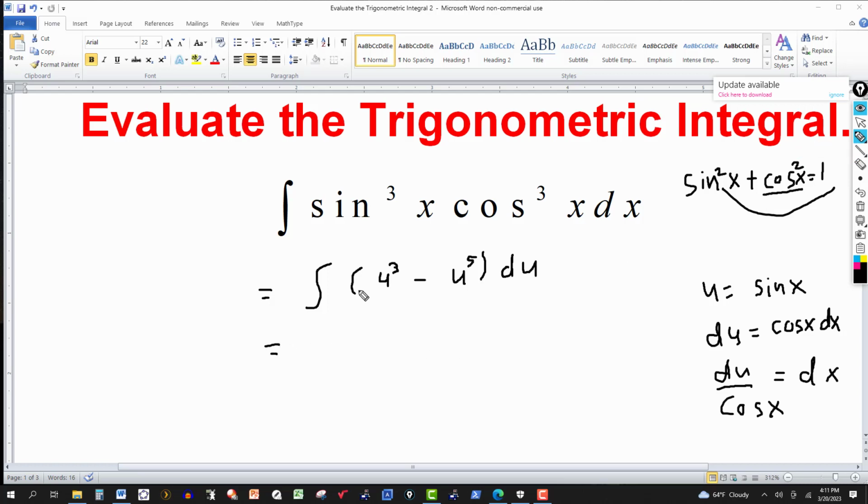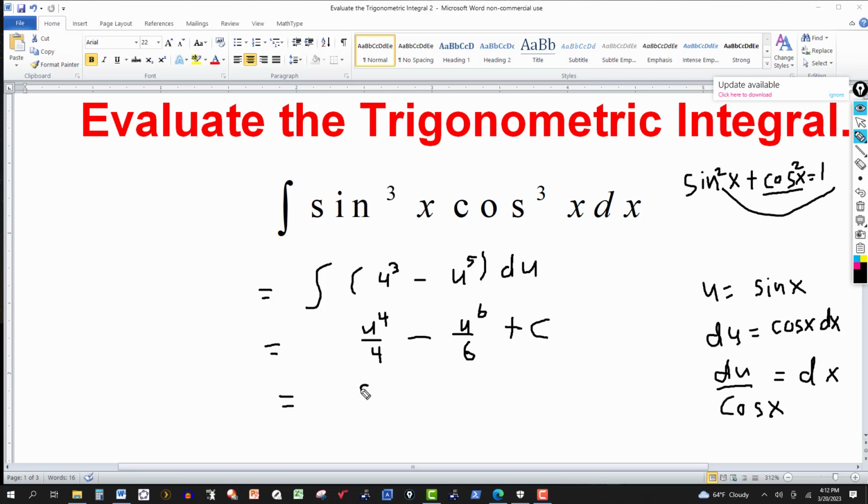The antiderivative or the integral of u to the third would be add 1 to the exponent, that'll be a 4, and then divide, I get a 4 down here. And the next one the same thing, add 1 to the 5, that becomes a 6, divide by that value, 6. Add my constant of integration. And that's pretty much the setup. Now it's just a matter of going back to the original variable. You know, u is equal to sine of x.